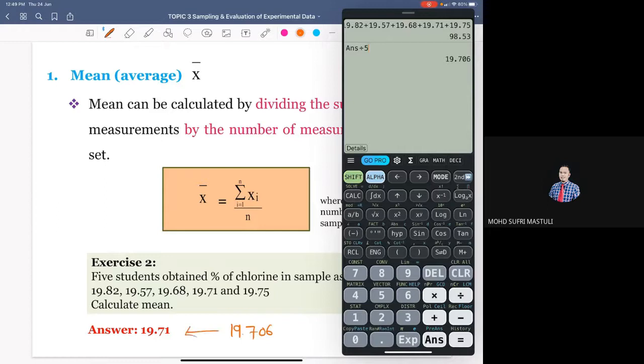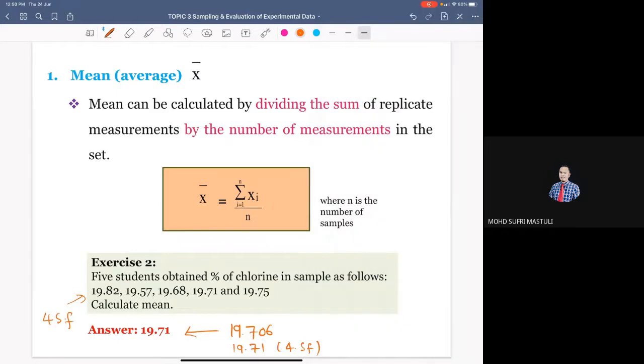And then due to significant figures, we follow the lowest number of significant figures, which is 4 significant figures. So your answer should be 19.71. These are 4 significant figures. Okay.